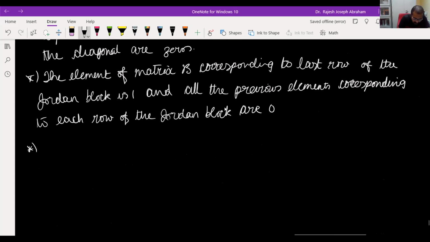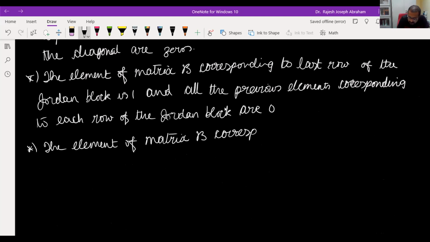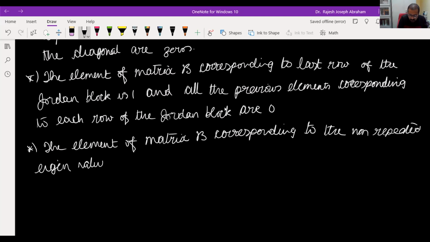Finally, the element of matrix B corresponding to the non-repeated eigenvalue in the A matrix is 1.